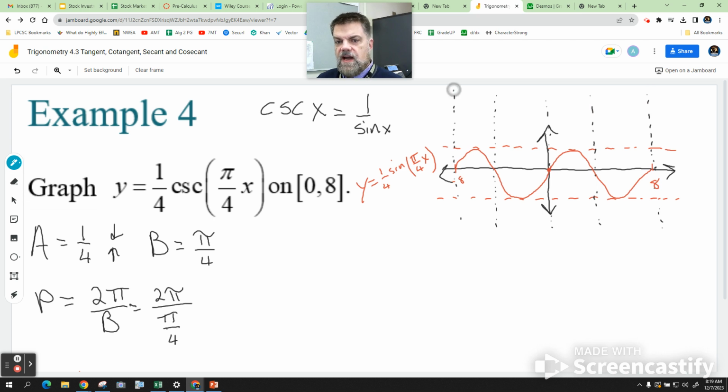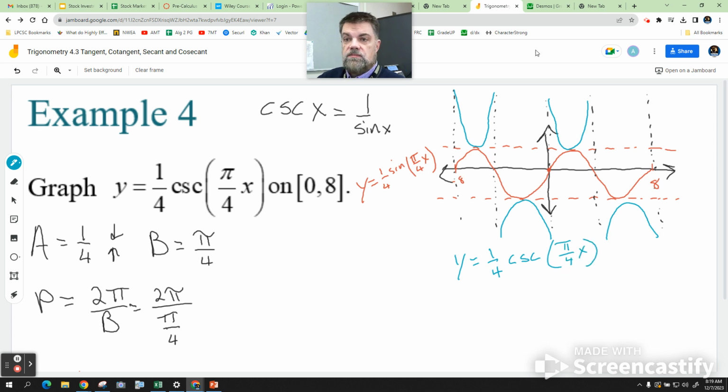Then to graph cosecant, it's just going to kind of do this. And that would be y equals 1/4 cosecant pi over 4x.